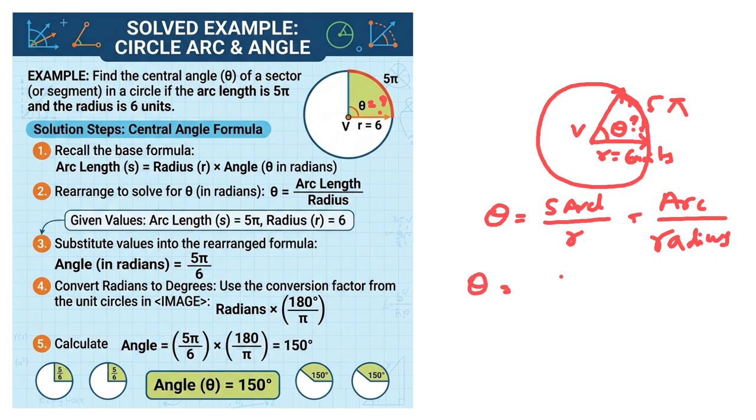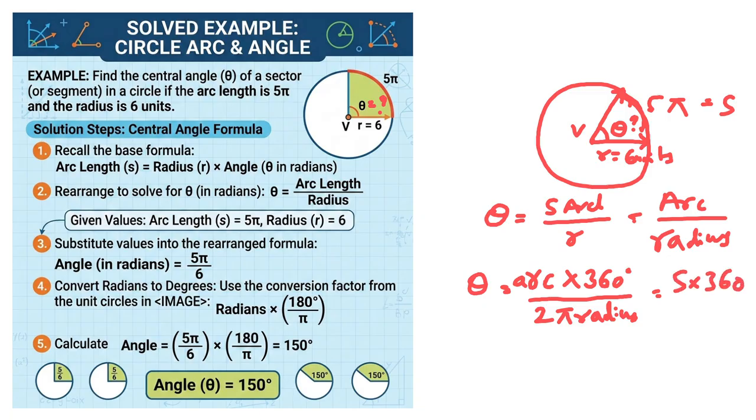Theta is equal to arc length into 360 degrees divided by 2 pi r. Let's say the arc is s: s into 360 divided by 2 pi r.